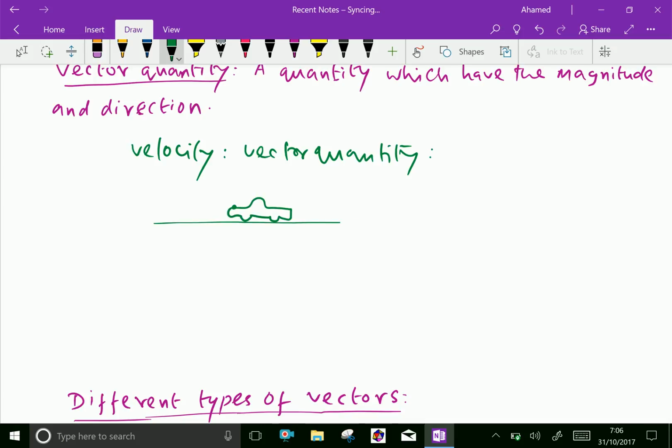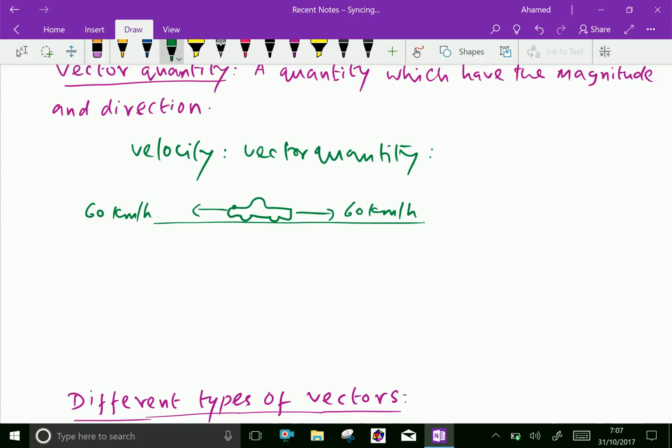Here it goes to the right side at 60 kilometer per hour, and to the left side also at the same 60 kilometer per hour. If we consider the speed, both are the same, but if you consider the velocity, the right side is 60 kilometer per hour in the east direction, and backward is 60 kilometer per hour in the west direction.